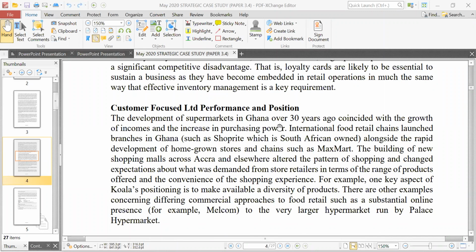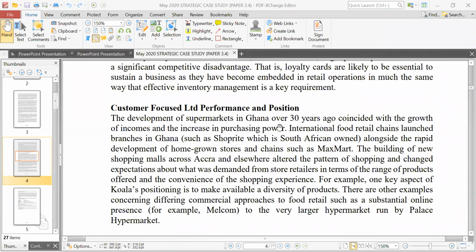And by the way, the paragraph also used a term called hypermarket. A hypermarket is an extremely big supermarket. That's why it's called hyper. It's very, very large. It says there are other examples concerning different commercial approaches to food retail, such as a substantial online presence. Oh, okay. So Melcom, in this case, has a substantial online presence.